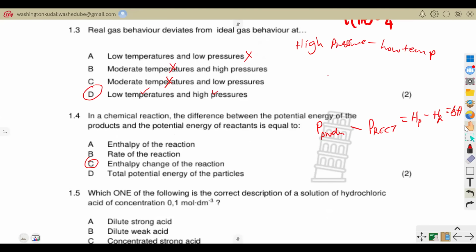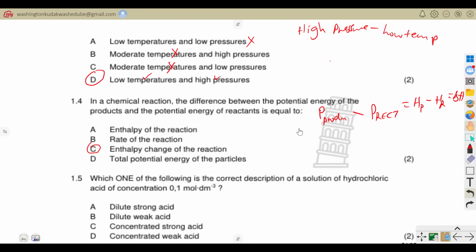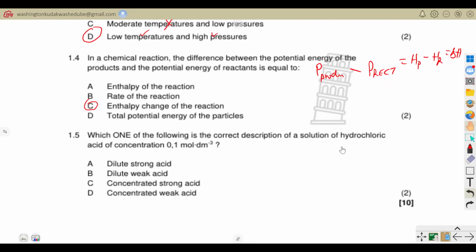Let's go to question number 1.5. Question number 1.5 was saying, which one of the following is the correct description of a solution of hydrochloric acid of concentration 0.1 mole per decimeter cubed?